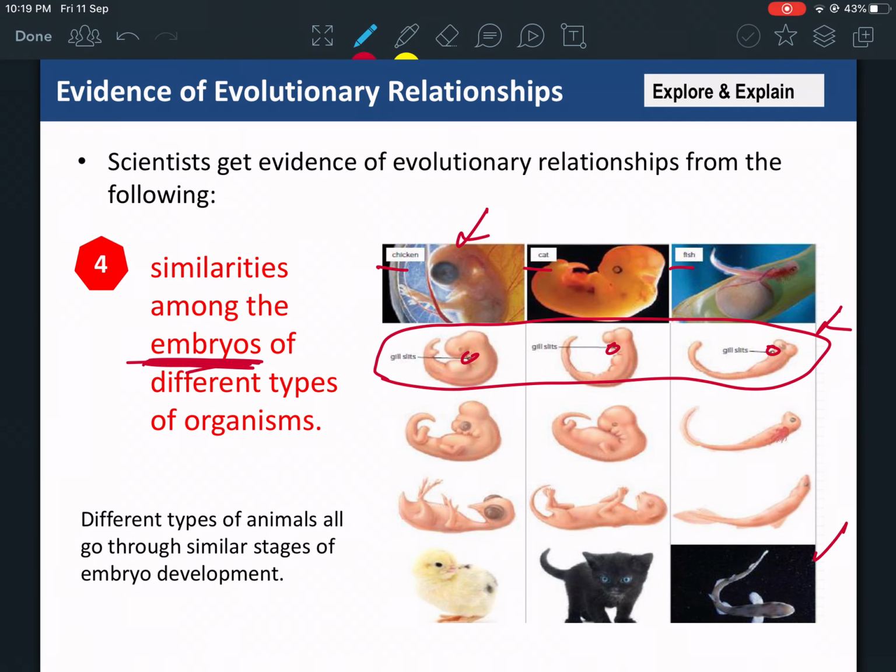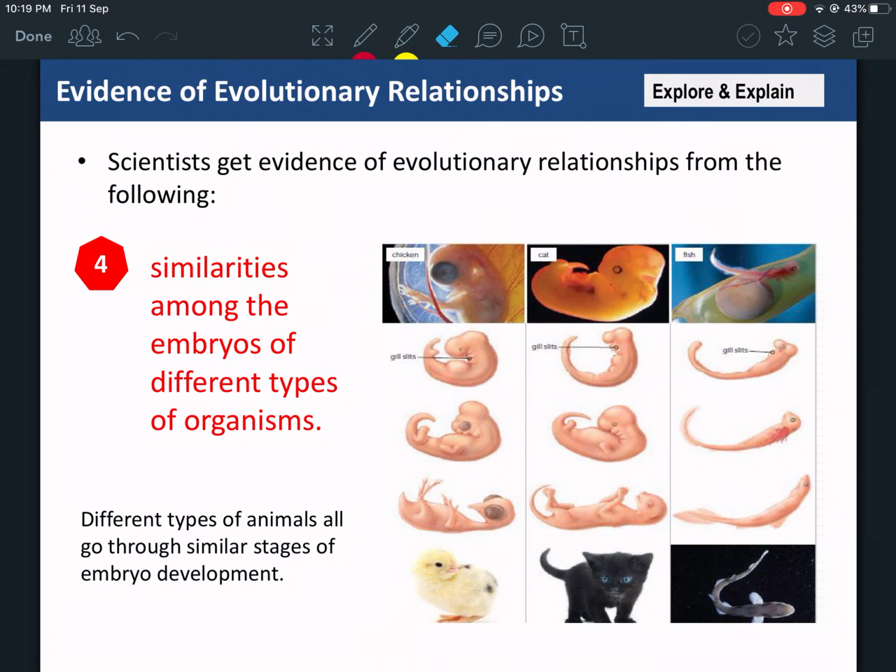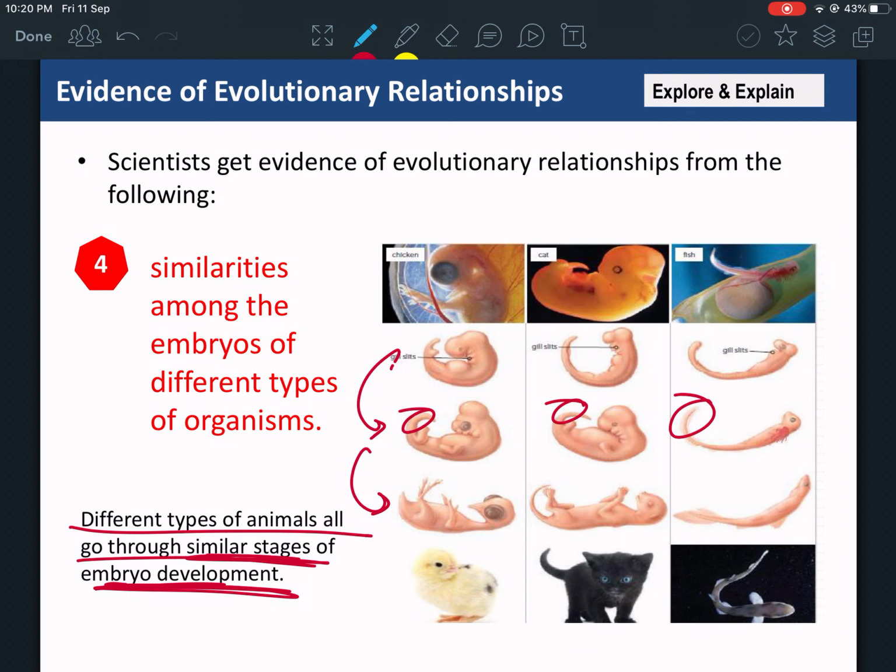When they grew up, they're different, yes, but because the embryos look similar, scientists believe that similarities in these embryos prove evolution and common ancestry. Different types of animals go through similar stages in embryo development. While they are developing, they go through similar stages. Like they believe they have similar tails, so they must have evolved from the same species.